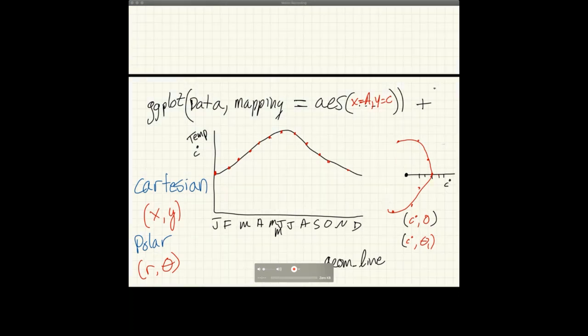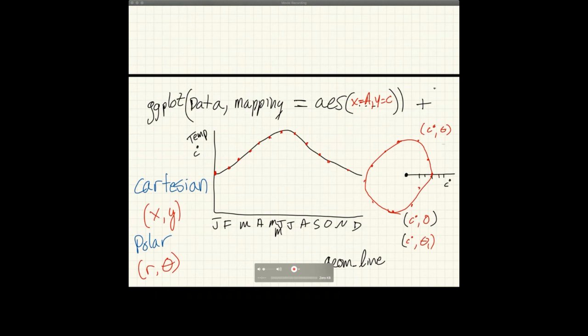Maybe where our summer temperatures over this way get very big, and our winter temperatures get very close to the pole. So in the polar representation, each of these is a degrees Celsius and an angle at which the point lies.